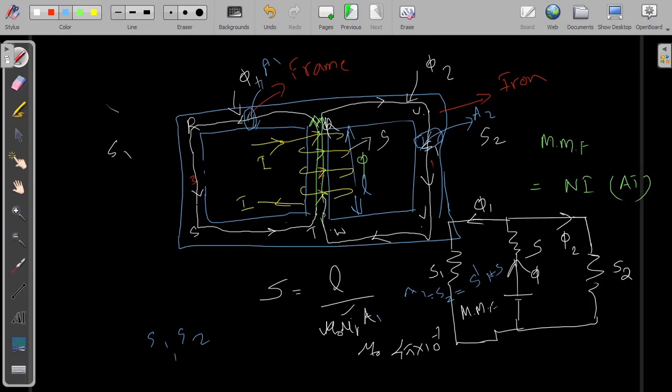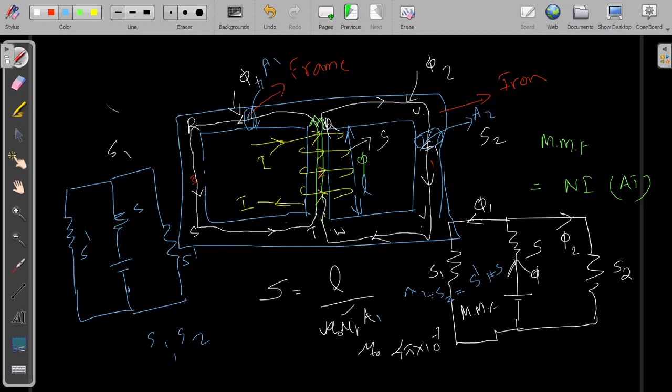So our model will be changed to like this. This will be S dash and this will be S dash and this will be S, and this will be the MMF.